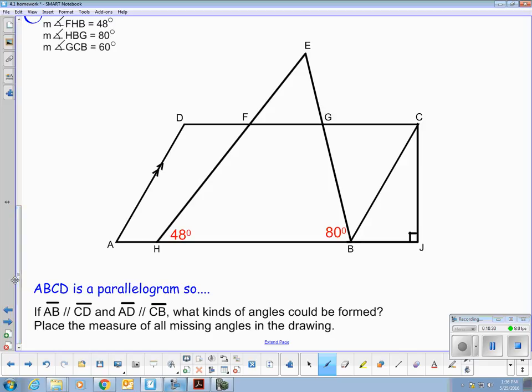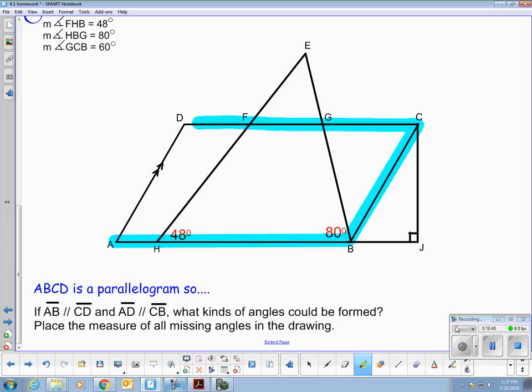Instructions are. ABCD is a parallelogram. Highlight that. All right, so we have a parallelogram.